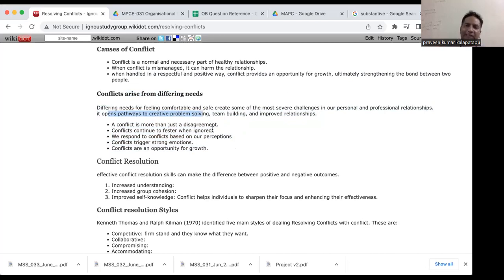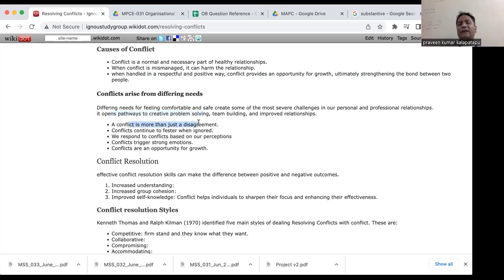If you employ the right techniques to manage the conflict, it is going to be very positive. It is going to further improve and strengthen your relationship. If you ignore it, then it is going to deteriorate. Mismanagement is going to have a very negative effect. Managing it not only resolves that conflict and provides the solution, it strengthens the relationship. That is the underlying point.